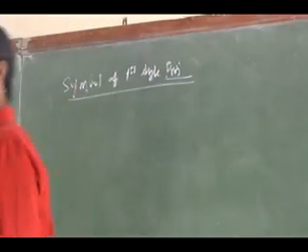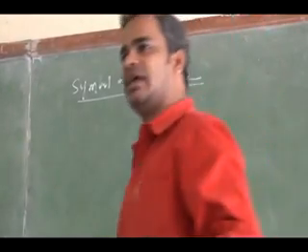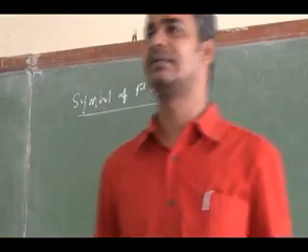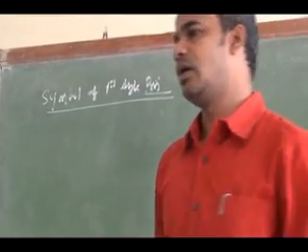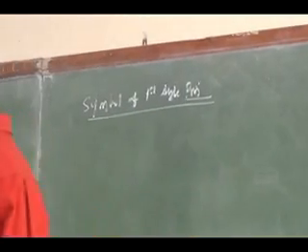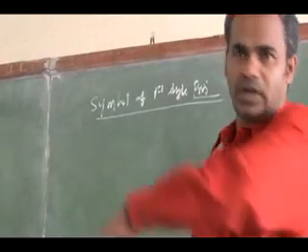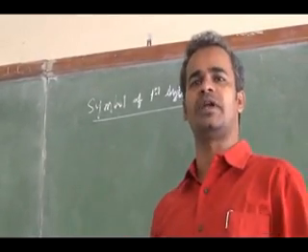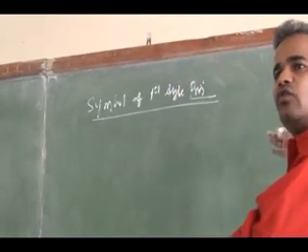A frustum of a cone is placed such that its axis is parallel to both VP and HP.